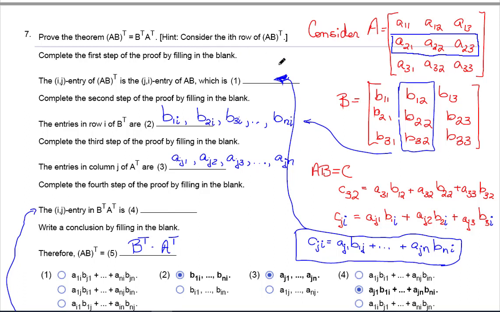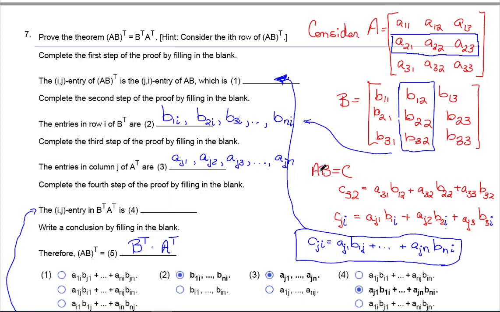So to make life easier, first let's just consider that A and B are 3 by 3, and we can look at them. So first off, they say the ijth entry in AB transpose is the jith entry of AB.